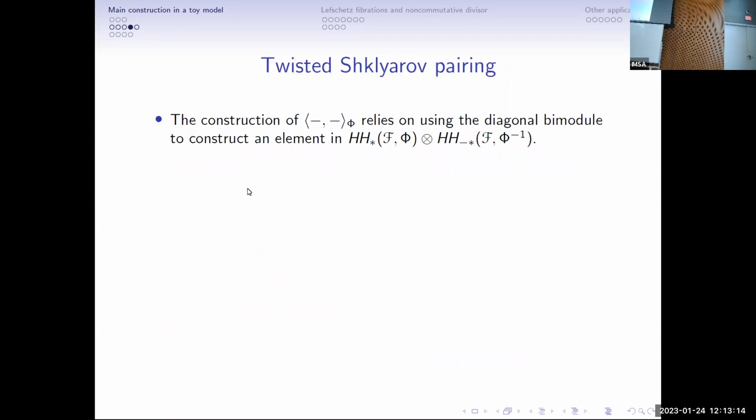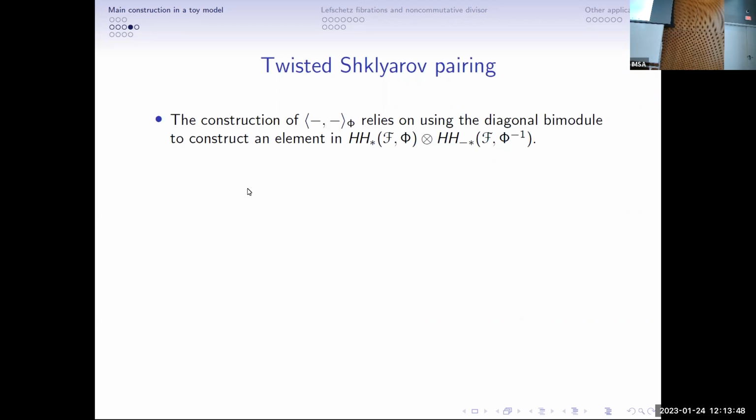Okay, so let me just comment on how to construct such a pairing and how to prove its non-degeneracy, but without really going into the proof. From a high-level point of view, the construction relies on using a diagonal bimodule to construct an element inside here. In the case where phi is identity, the point of view to take is that the cup pairing, say on the cohomology of a closed manifold, is equivalently encoding information on how to resolve the diagonal in the product as a tensor product of some dual basis.